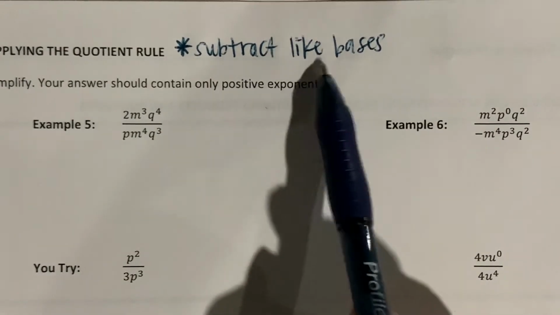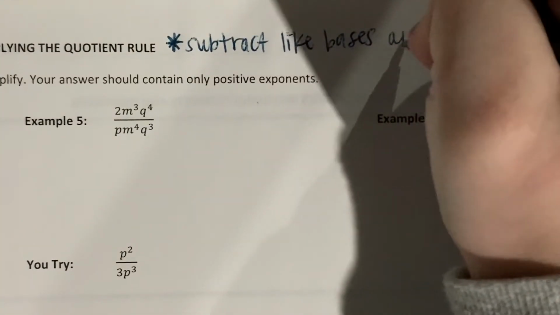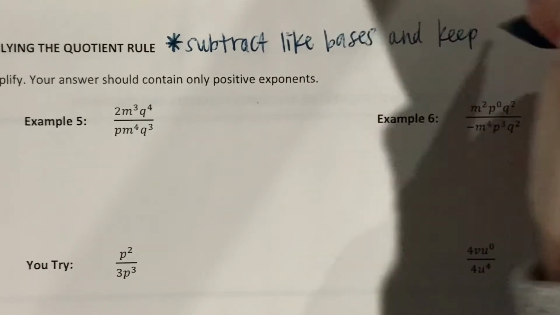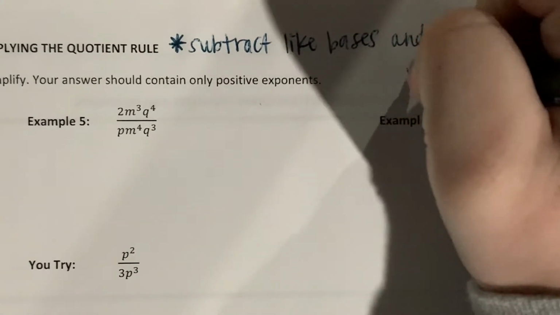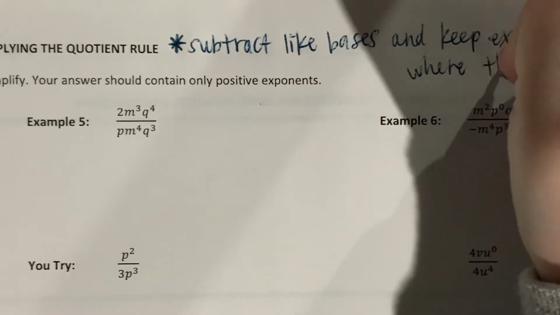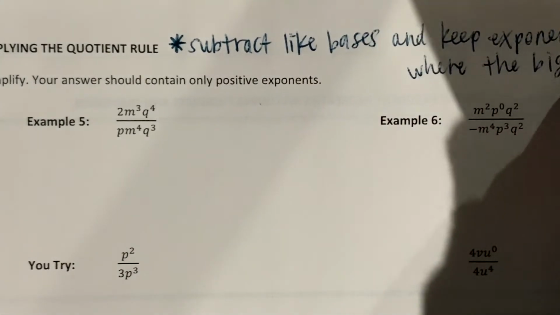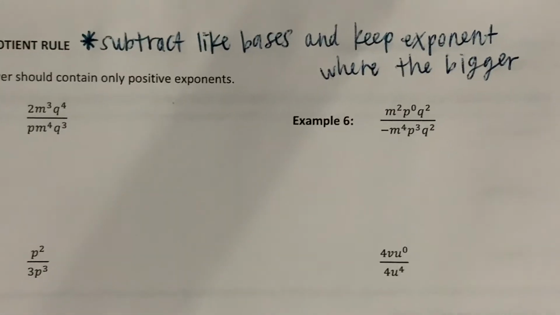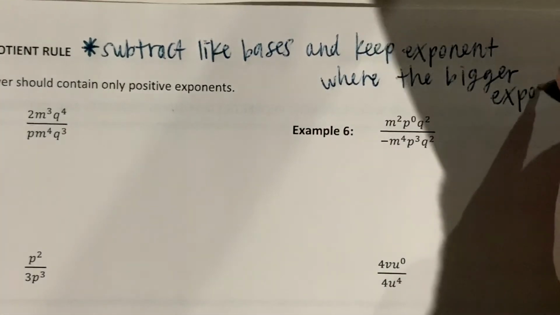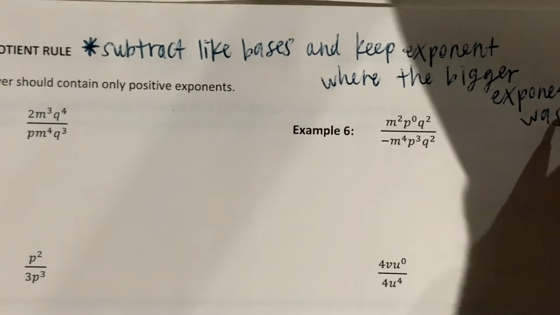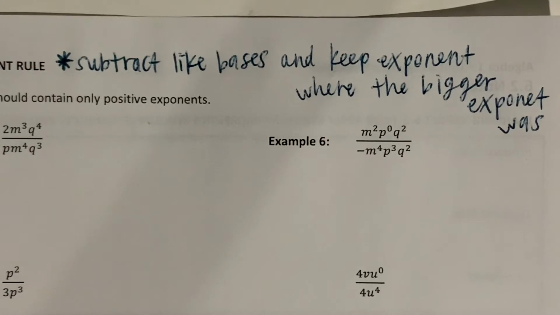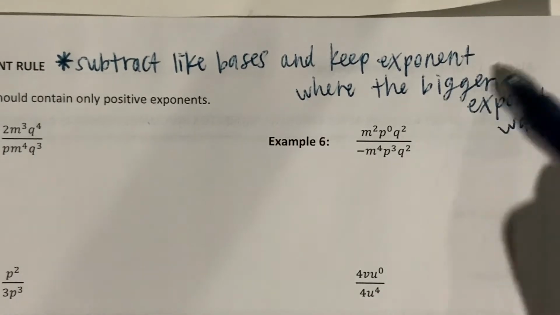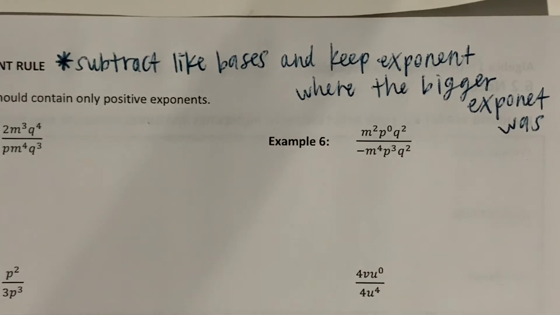So we're going to subtract like bases, and keep the exponent where the bigger exponent was. So again, we can only subtract like bases, and then you're going to have to decide once you do your subtraction, you're going to keep that exponent where the bigger exponent was.